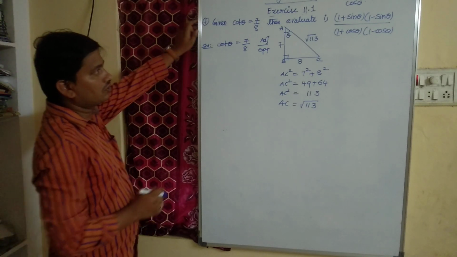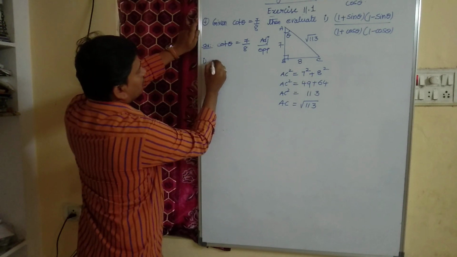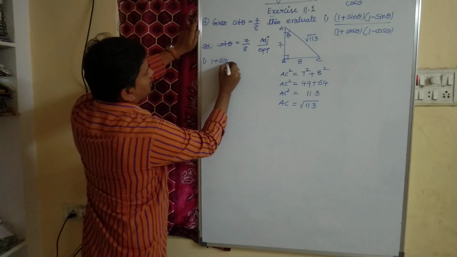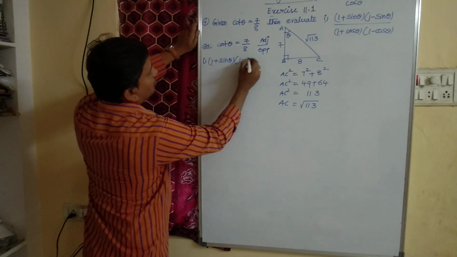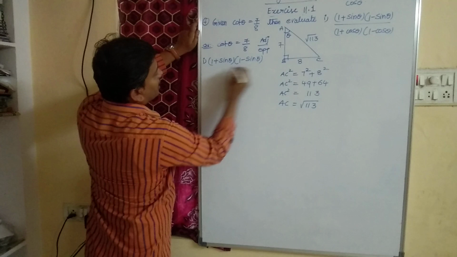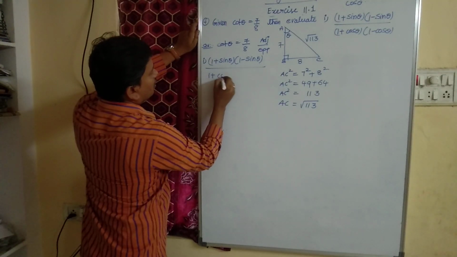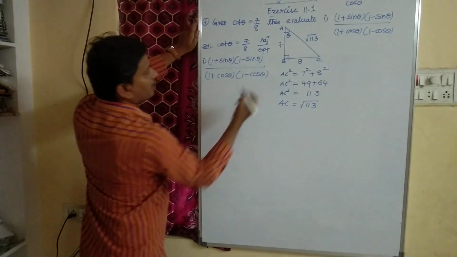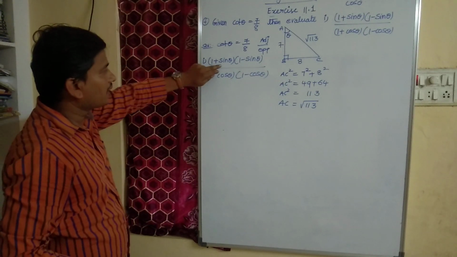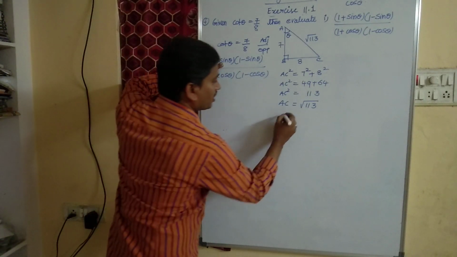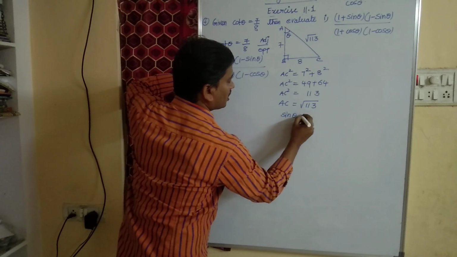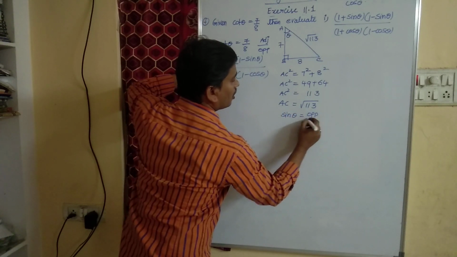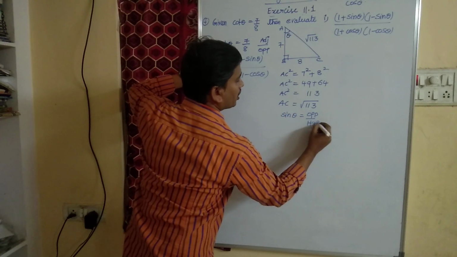Okay. Now coming to our first question, (1 plus sin theta)(1 minus sin theta) by (1 plus cos theta)(1 minus cos theta). So first let us find what is the ratio of sine. Sin theta is nothing but opposite by hypotenuse.